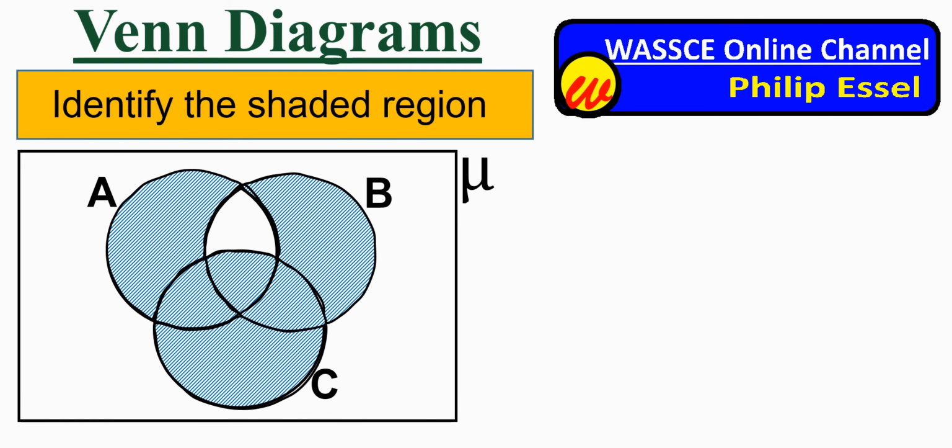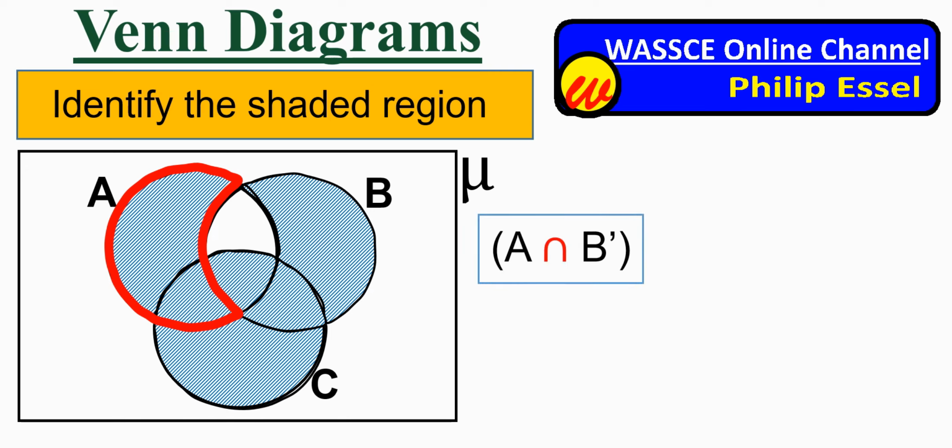Let's identify this shaded region from the Venn diagram. As usual, we'll be taking the regions bit by bit, and afterwards we'll merge the various bits together. So let's look at the first part of the region. This is the first part of the shaded region. I hope you remember its notation.